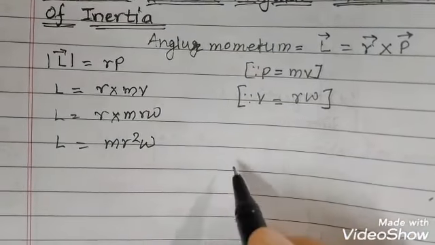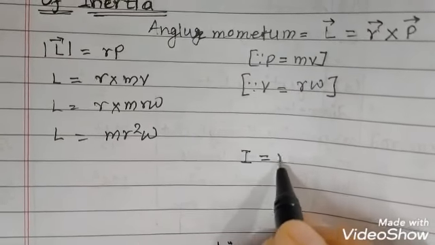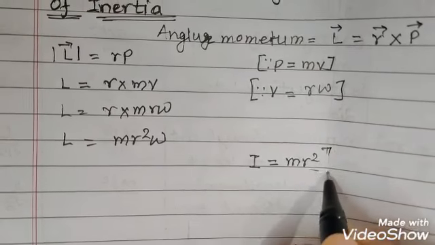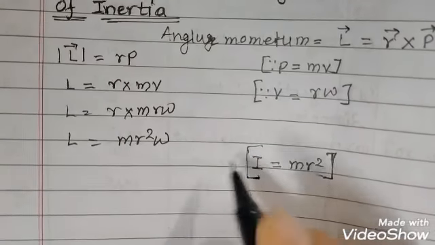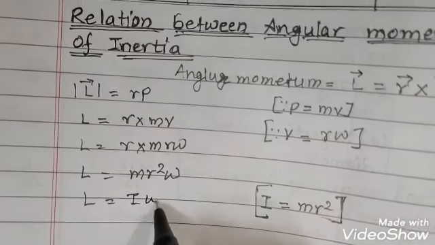And one more thing that we know here, the moment of inertia I is equal to m r square. So we'll say L is equal to I omega.